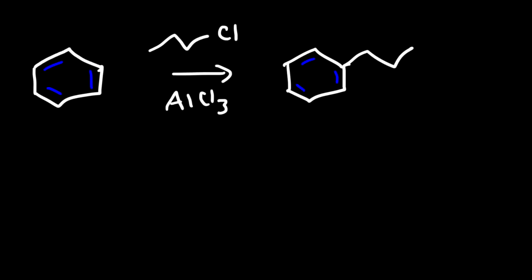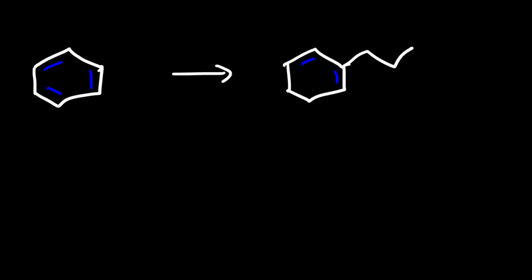A hydride shift will occur so that the benzene ring doesn't attack the primary carbon, but instead attacks a secondary carbocation. So if we use propyl chloride, the major product will be isopropylbenzene rather than propylbenzene.